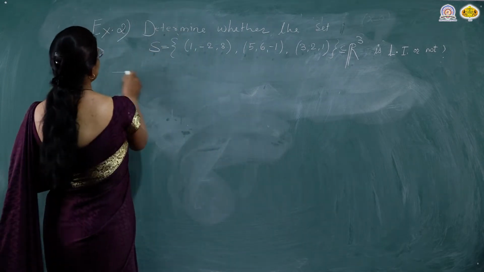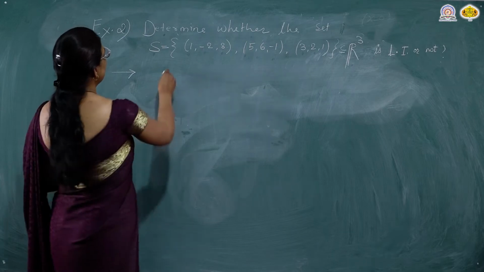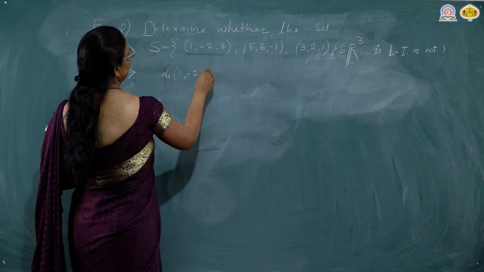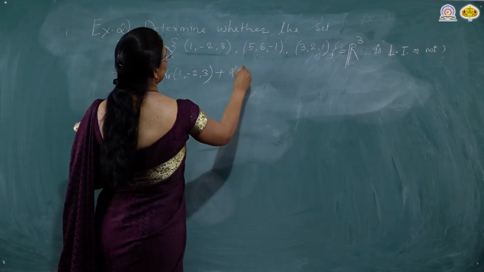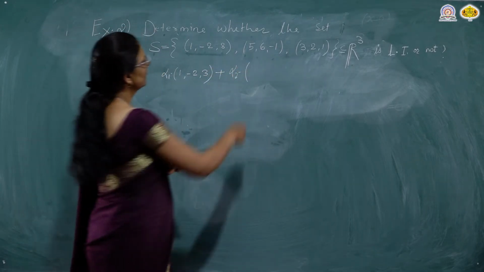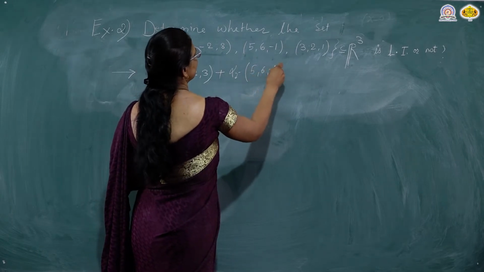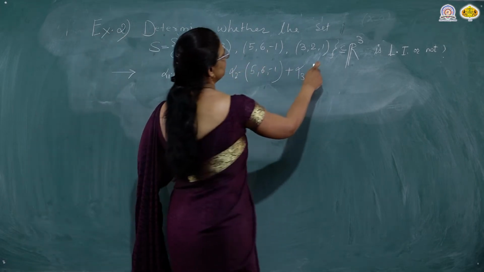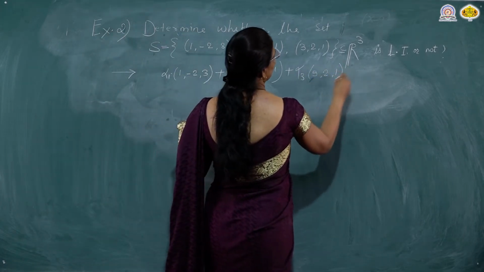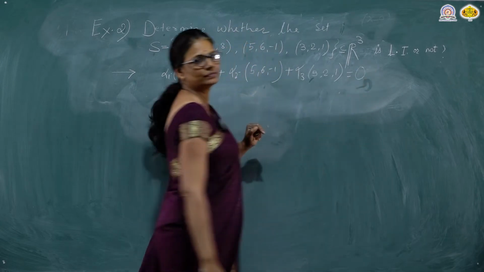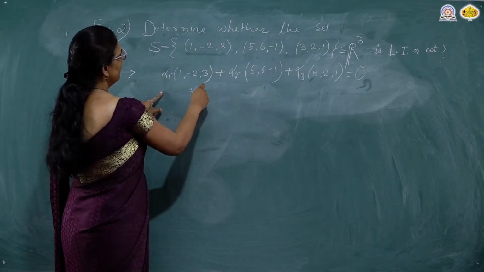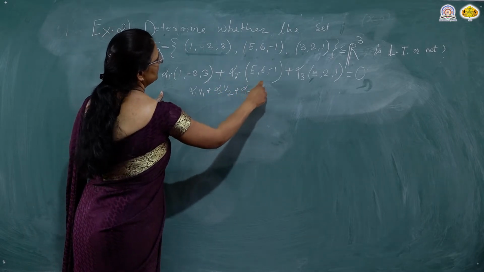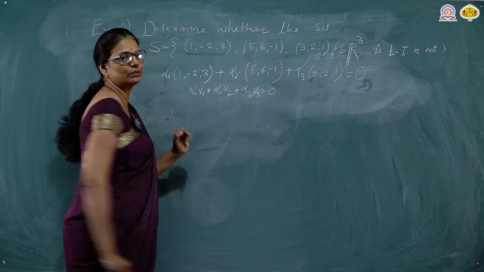So for that we consider alpha 1 times the first vector (1, minus 2, 3) plus alpha 2 times the second vector, and alpha 3 times the third vector, equals 0.